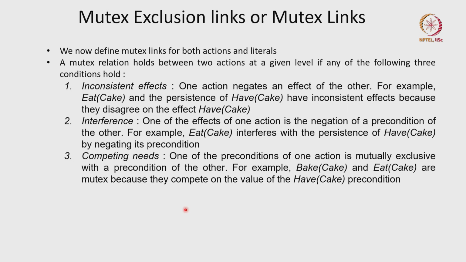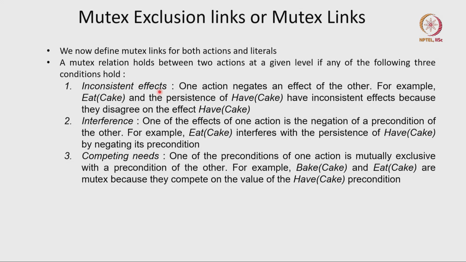So what do you mean by mutually exclusive links, which are also called the mutex links? So mutex means mutually exclusive. Okay, so this can occur both for actions and literals. So how do you find whether two actions are mutex with each other? If two actions have inconsistent effects, right?